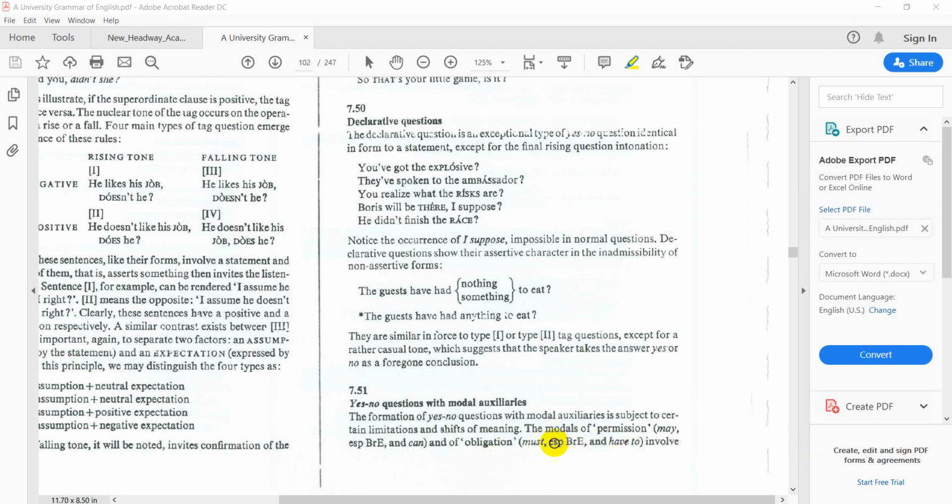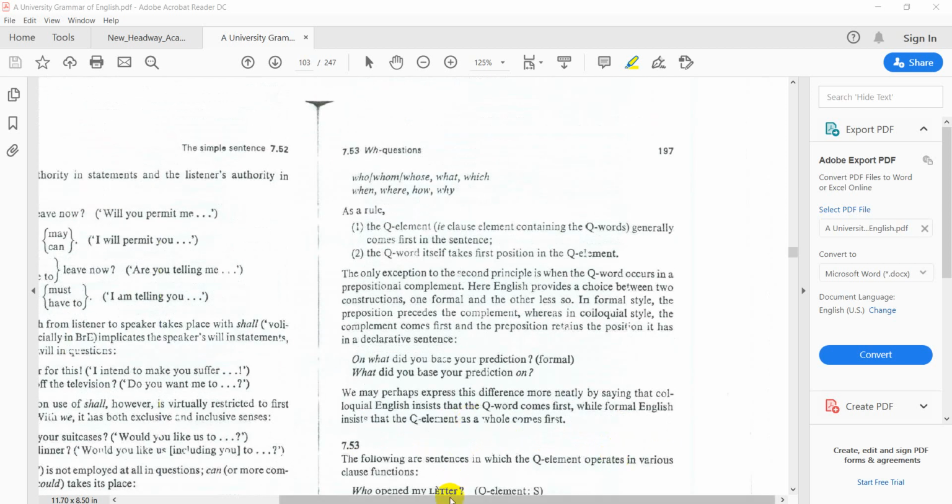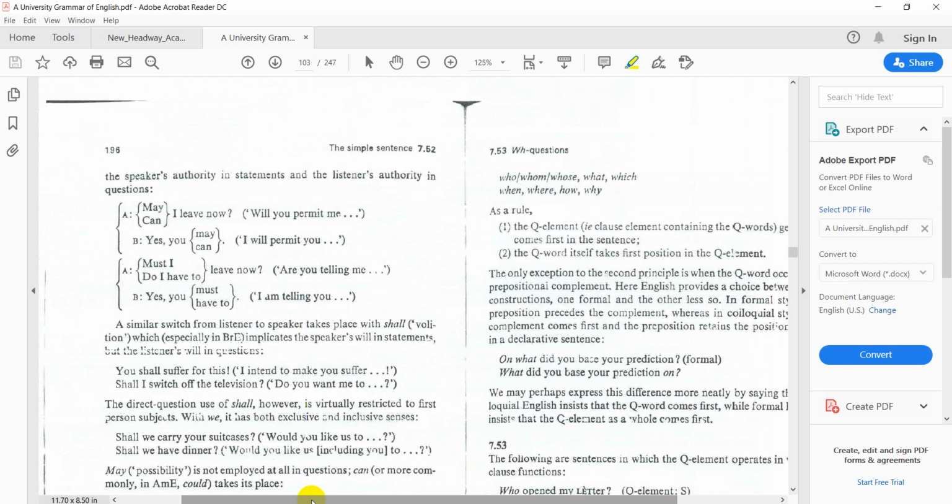The modals, for example, of permission, which is may, especially in British English, and can, and also of obligation, for example, must in British English, and have to. This, of course, involves the speaker's authority in a statement and the listener's authority in questions.